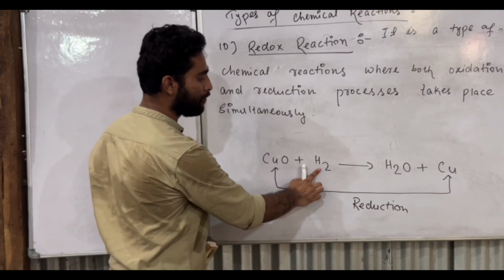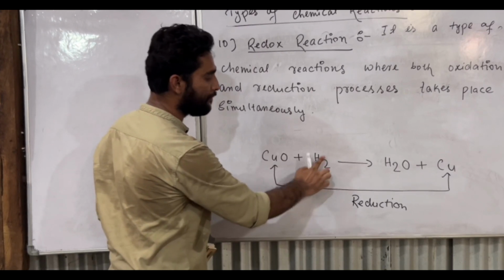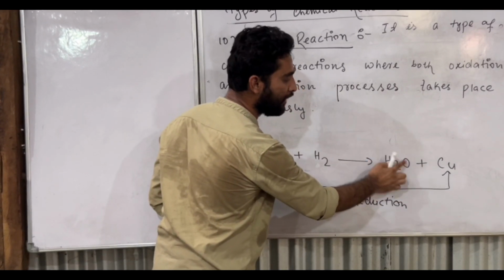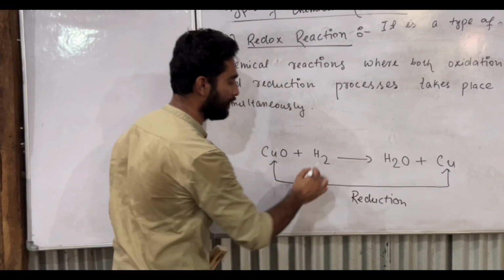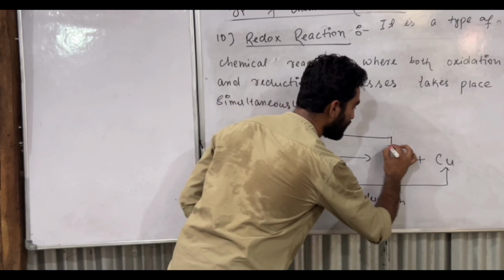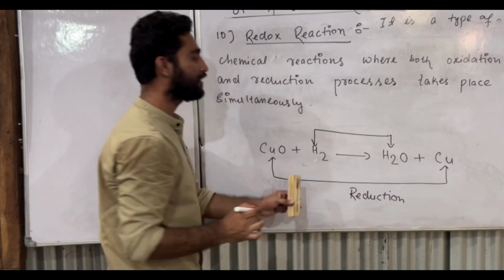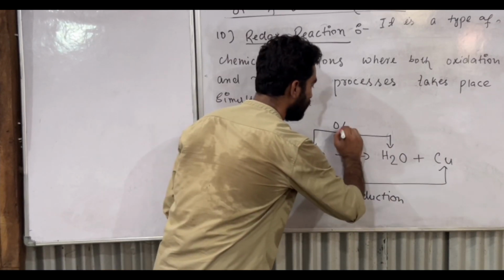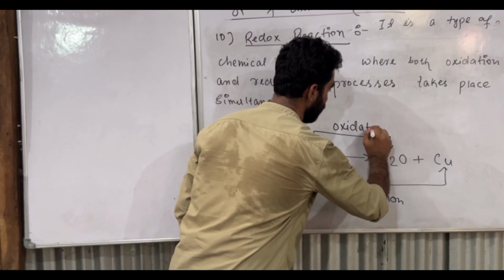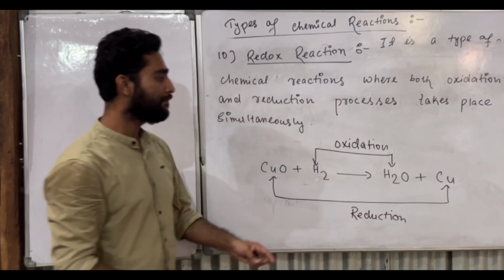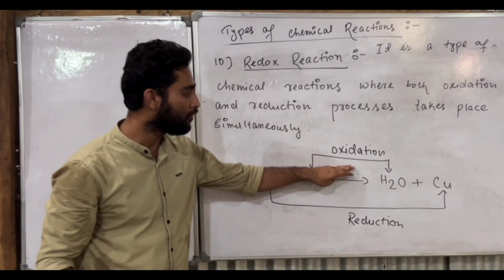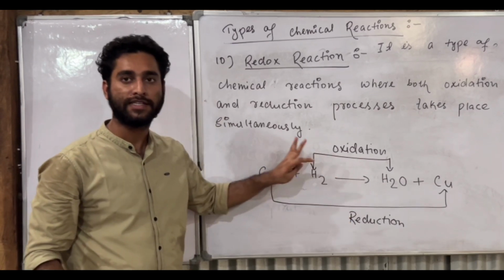But in this case, with hydrogen, oxygen was not there. Here with hydrogen, oxygen got added. So when oxygen gets added to a compound, this reaction is called what? Oxidation. So here you see, in the same reaction, both oxidation and reduction take place simultaneously.